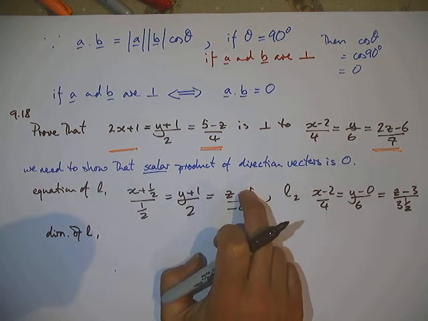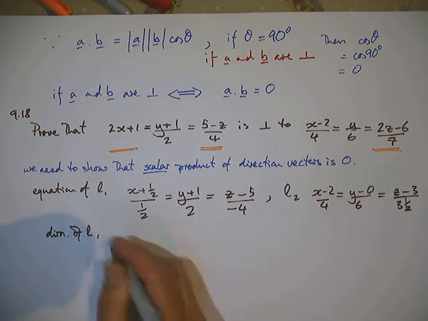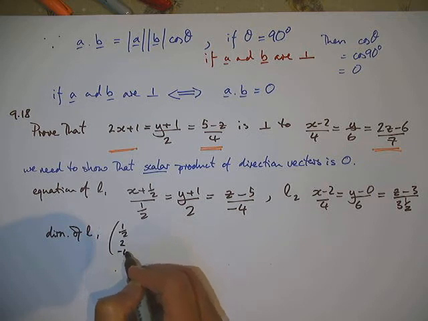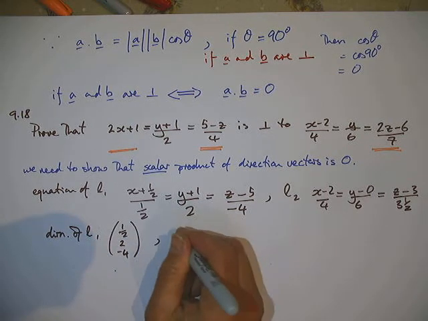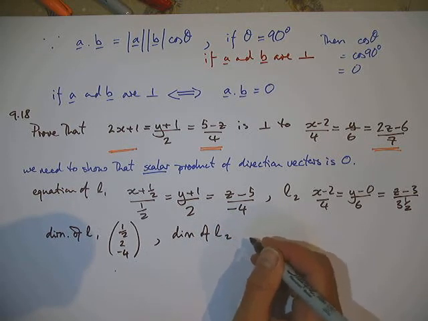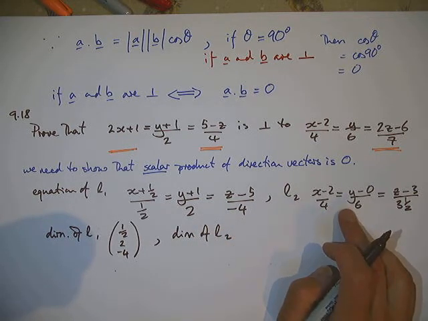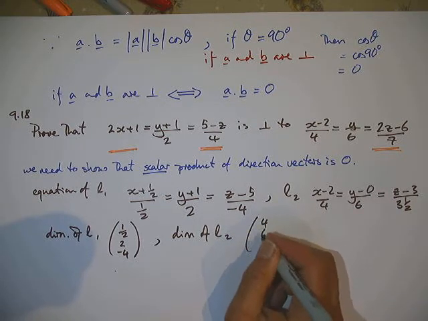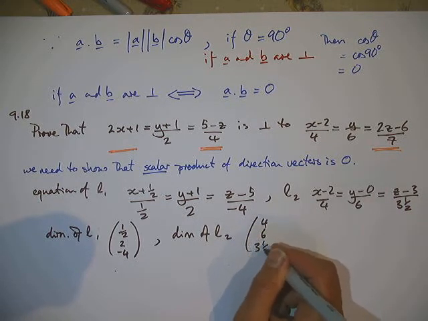These three values, remember, give a point on the line. Direction of L1: half, 2, -4. Direction of L2: 4, 6, 7 over 2, which is 4, 6, 3.5.